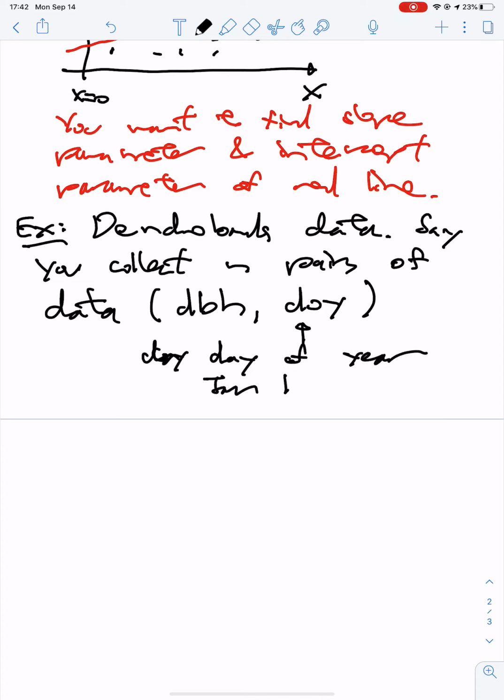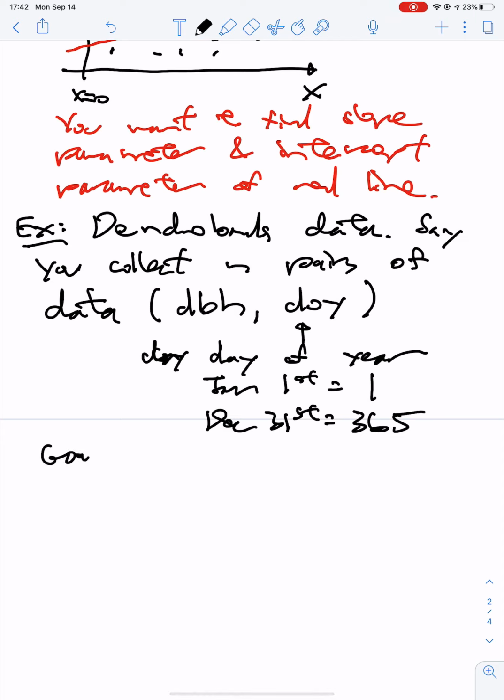January 1st equals 1, and in a non-leap year, December 31st equals 365. So you're going to collect for the same tree n pairs of data, dbh, doy.